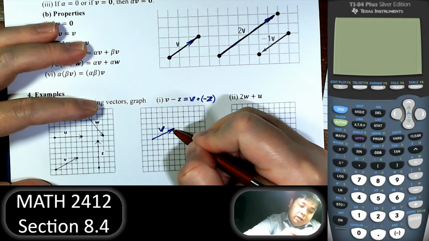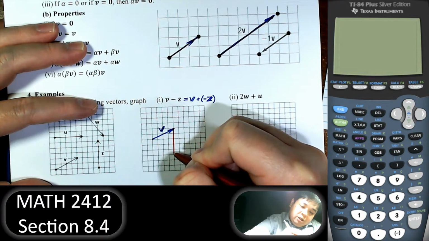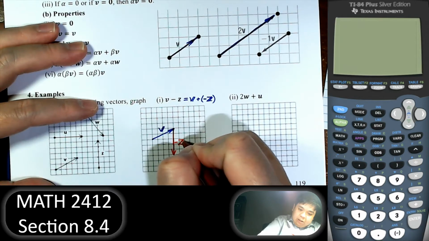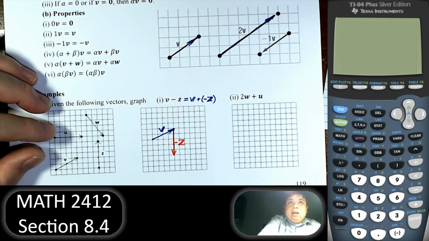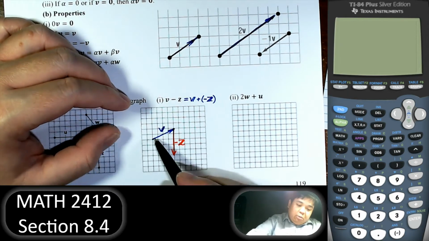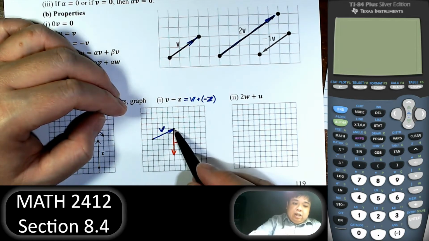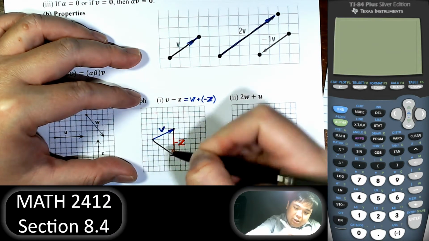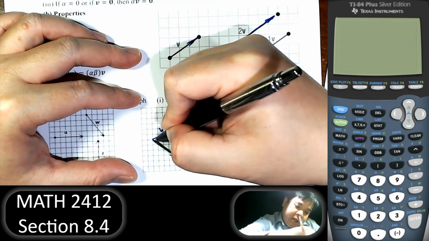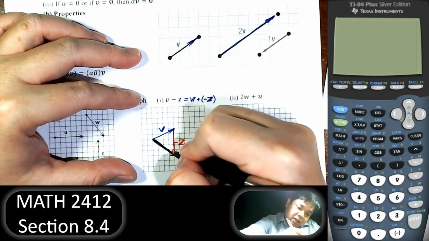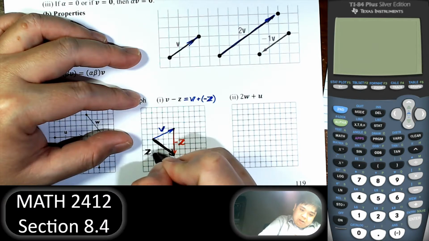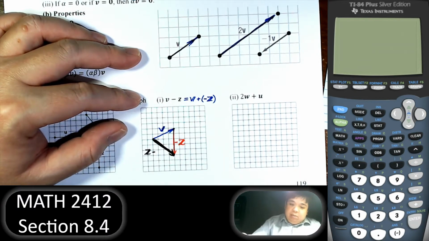Z is in that direction, so z is 5 units long, but if it points down instead of up, this is negative z. And when we put them together, we start from v, this is v, and then negative z. We end up with this. So this is v minus z. It will be that vector. V minus z.